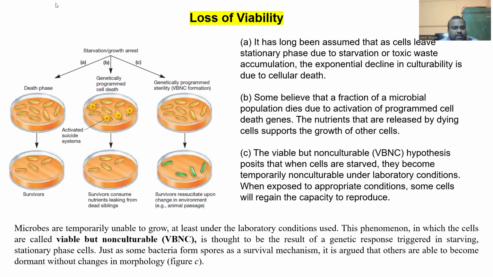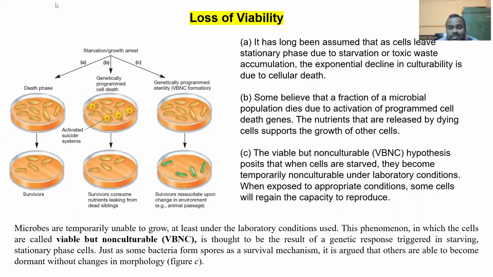There are three pictures: panel A, panel B, and panel C. Whenever you culture bacteria, they will first maintain a lag phase, followed by the log phase, then the stationary phase, and then a decline phase. The decline phase means death of a number of cells, and that can be expressed as loss of viability.